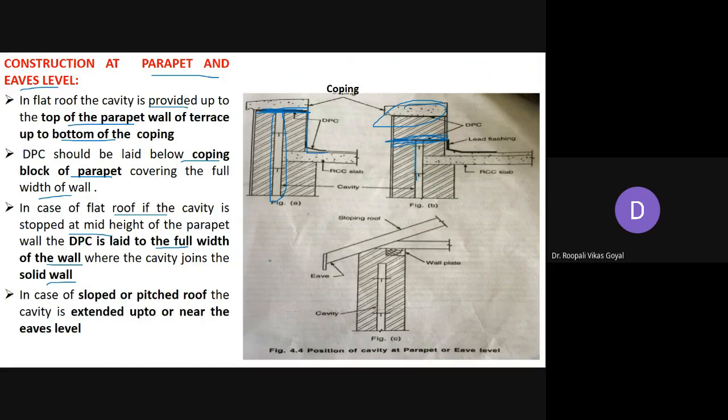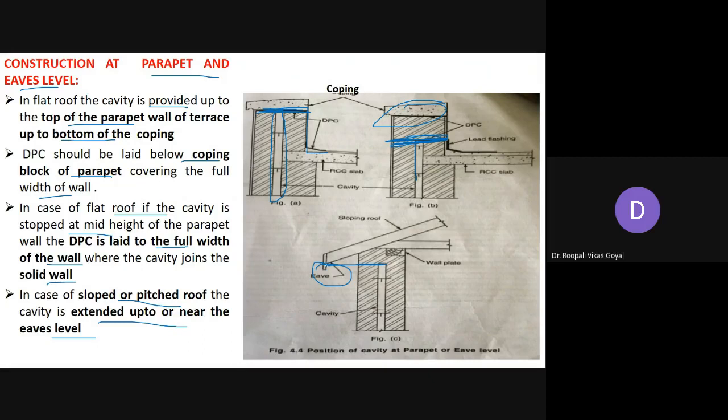So at this position you have to provide DPC, at the point where it joins the solid wall. Okay. So this kind of proper DPC, damp proof course, is to be provided just to avoid the entry of moisture in your cavity. And in case of a sloped or pitched roof, it is extended up to near the eaves level. So here this is the eaves. So this cavity may be extended up to eaves level in case of a pitched roof, that already we have discussed earlier also.